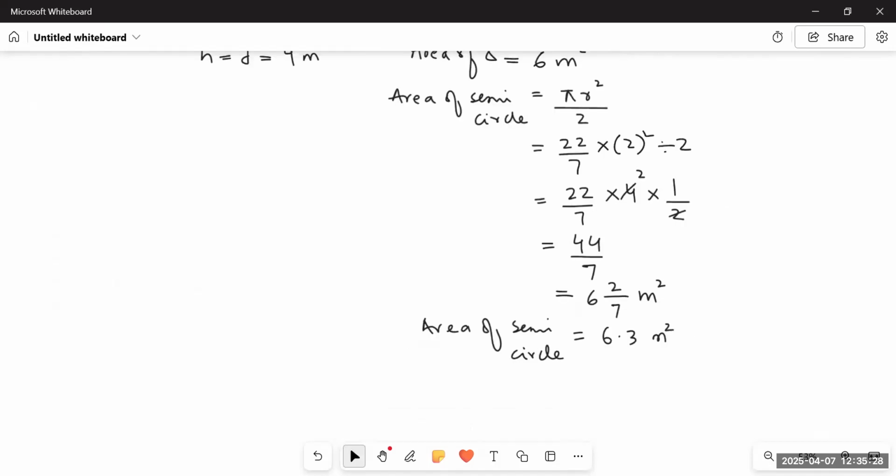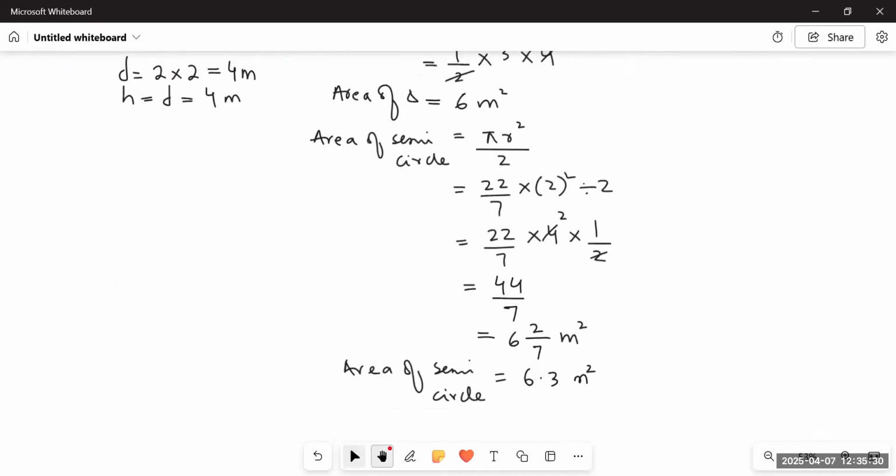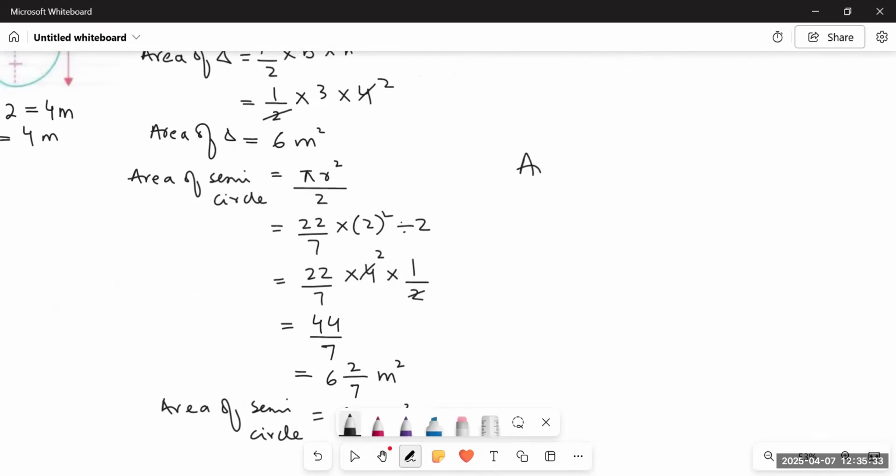Since we have found the area of the triangle and the semicircle both, the area of the shape would be the sum of the two. That is 6 meters square plus 6.3, which is 12.3 meters square. And that's it.